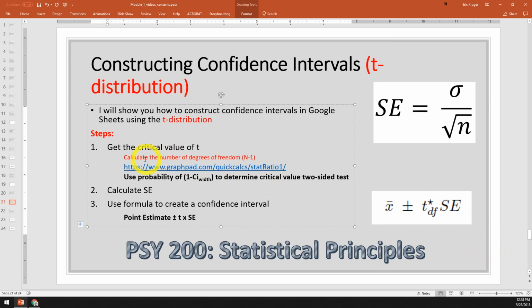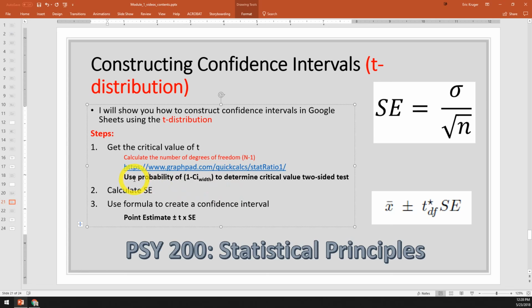In order to get this critical value of T, we need to first determine the number of observations in the sample, and we're going to subtract 1, or n minus 1, to get the degrees of freedom. Now this is the parameter that the T-distribution is based on. Once we've determined the number of degrees of freedom, we're going to use this stats app or this website to determine our critical T value.